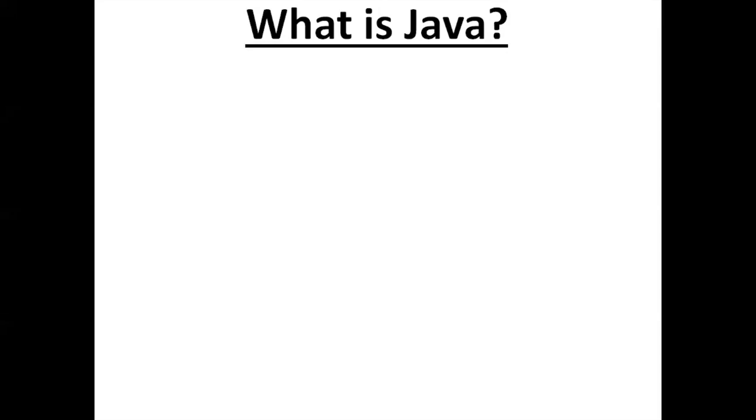C is also a programming language. When we already have C language, why did Java come? Why did Sun Microsystems invent Java? Come on. Then why do we need Java? C is a most powerful programming language. Using C, we have developed what? Operating systems also. Come on, try, IT people.